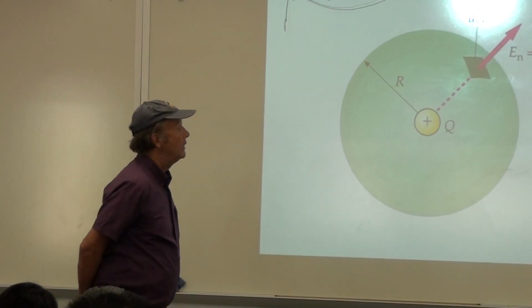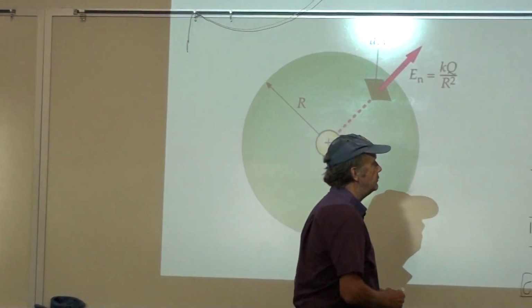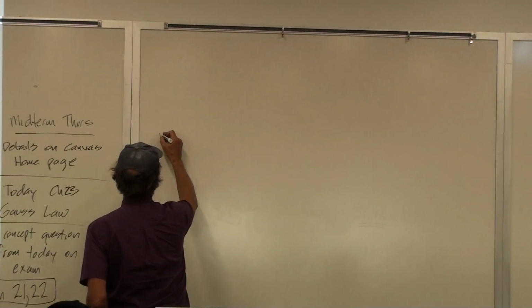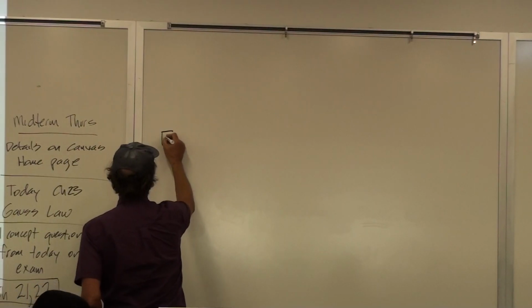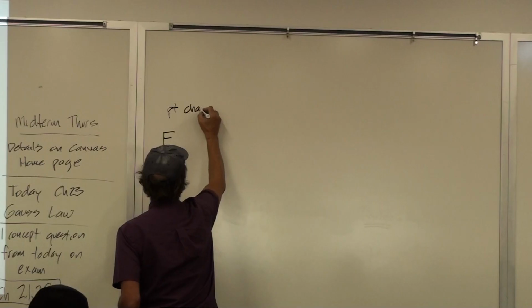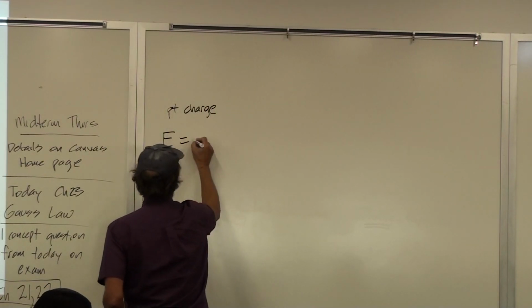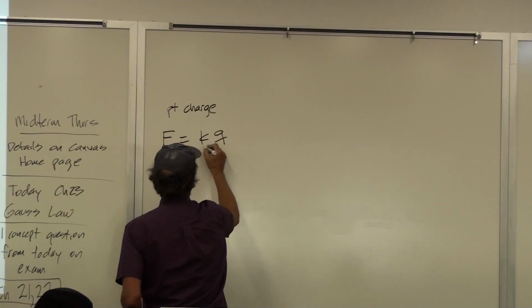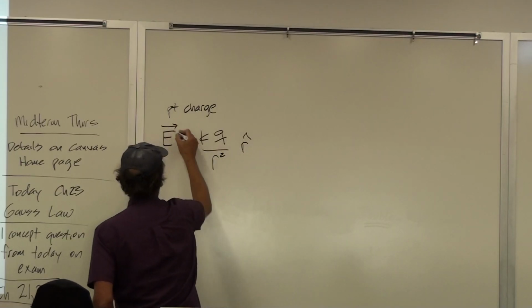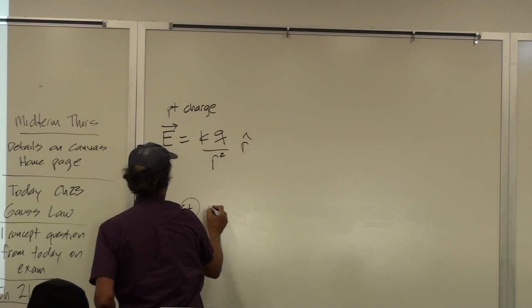And one of the results that we started with in chapter 22 was the idea that the electric field for a point charge was equal to kq over r squared, times a unit vector that points in the r hat direction.